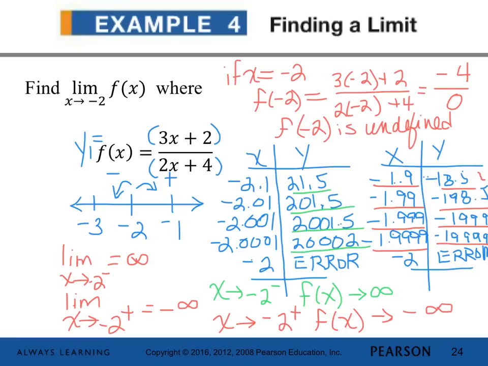It decreased without bound, whereas positive infinity is where we say that it increased without bound.